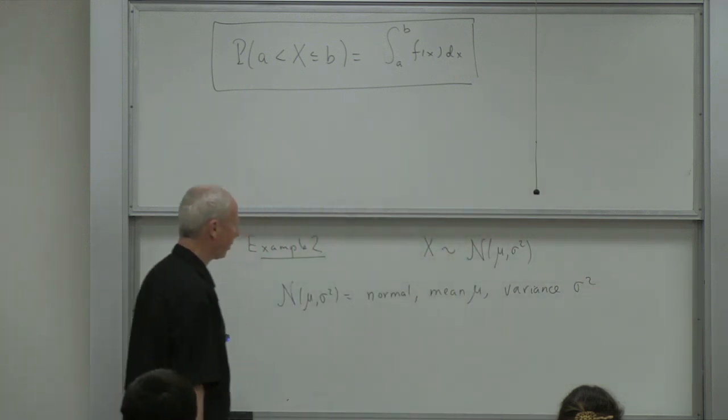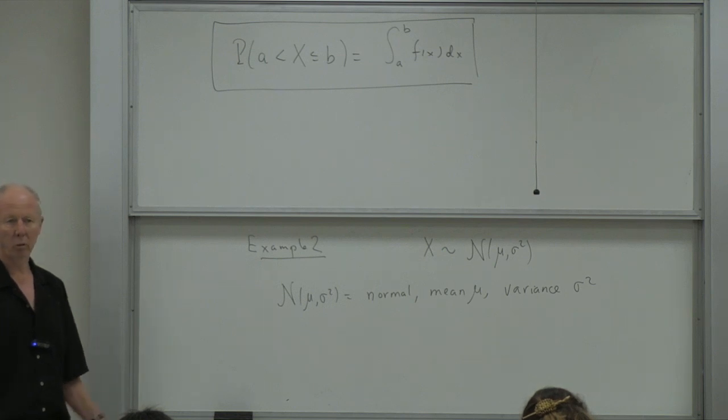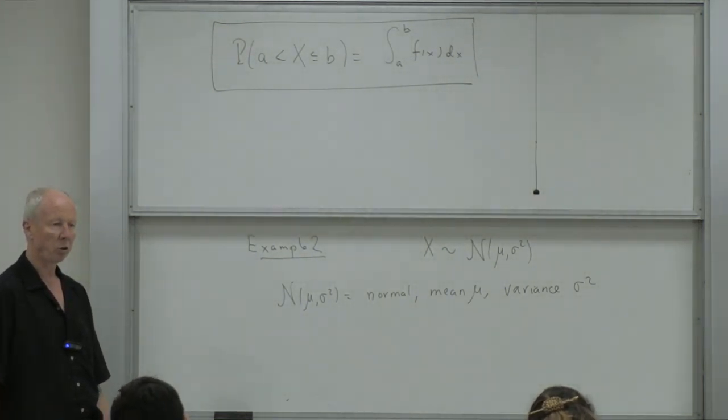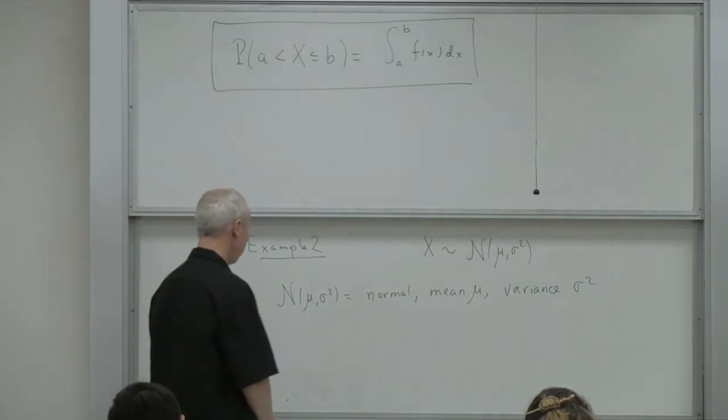Okay, so here's a random variable that has a so-called normal distribution with mean mu and variance sigma squared. We'll see what those terms mean later, but they're just two parameters that describe this random variable.